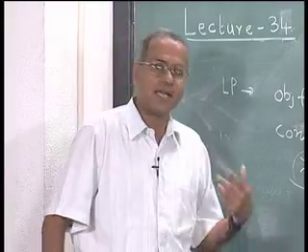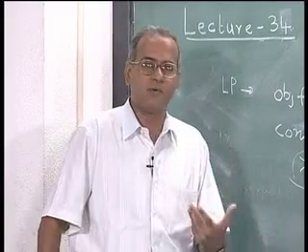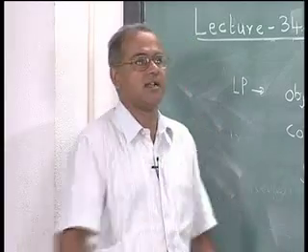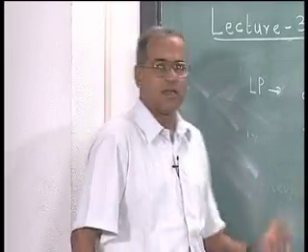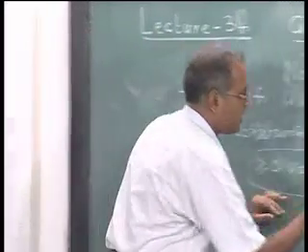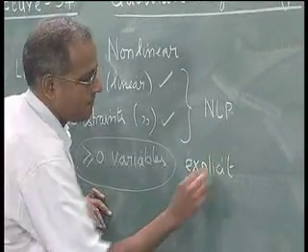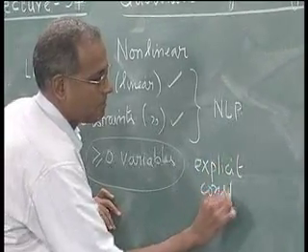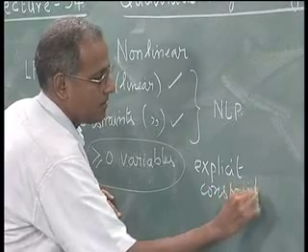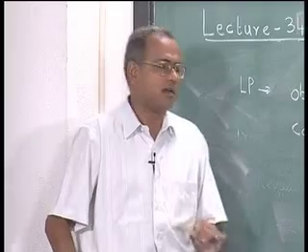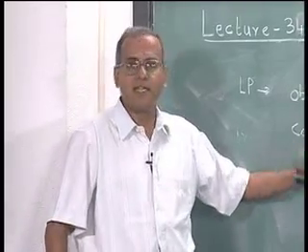The variables can even take negative values at the optimum or at the solution, and if we wish to say that the variables have to be greater than or equal to 0, these become explicit constraints in the NLP instead of being implicitly given as they were in the linear programming problems.